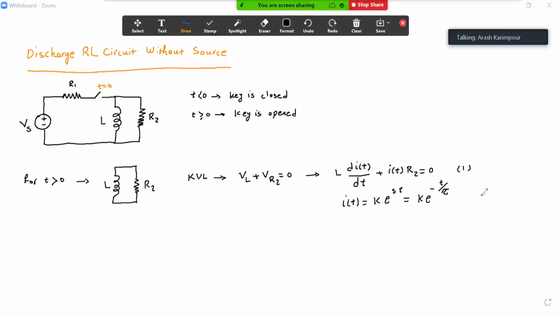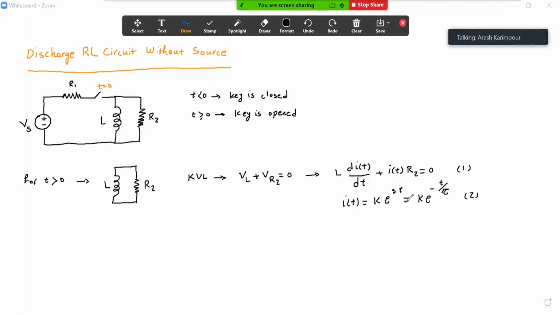So this is the solution for this one. Remember, when we get to this point we have two steps to solve it. The first step is to put this solution in the original differential equation, and you can calculate the unknown.